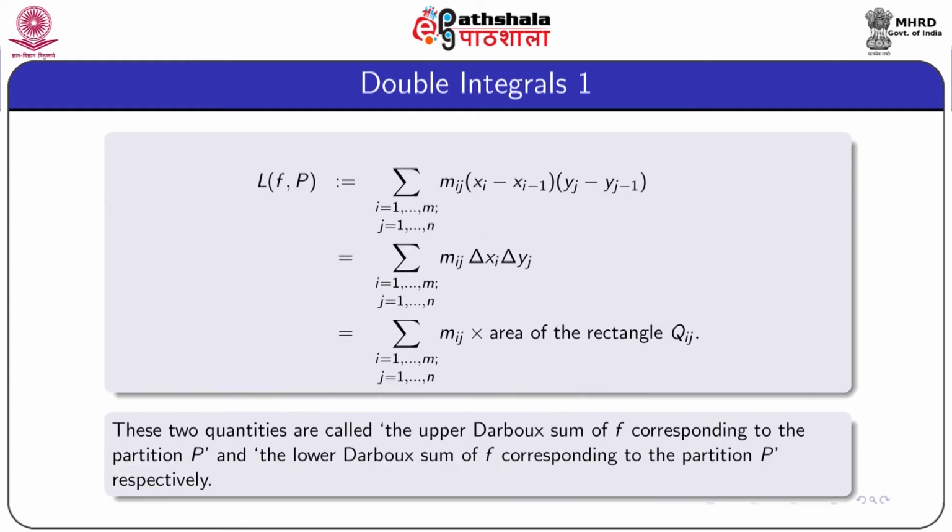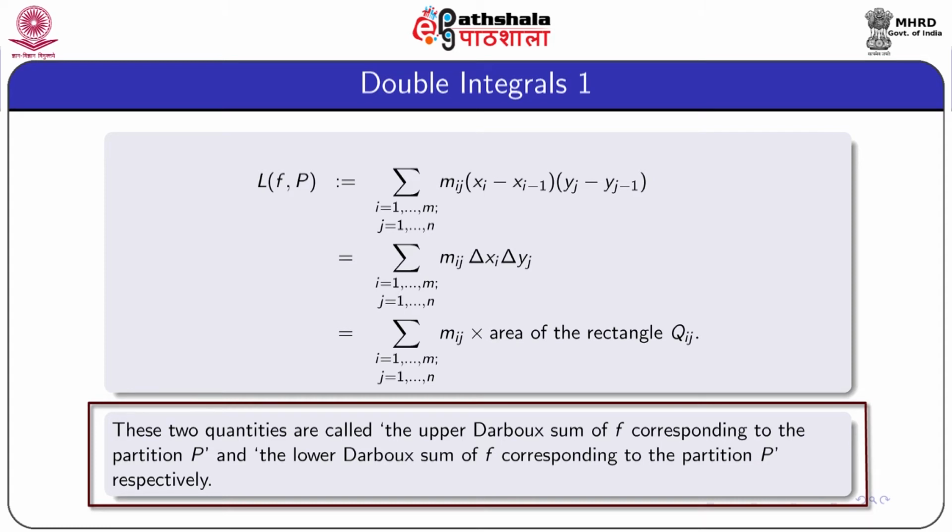In a similar tune, we form the lower sum L(f,P), which equals summation of small mij multiplied by area of the rectangle Qij. These two quantities are called the upper Darboux sum of f corresponding to the partition P and the lower Darboux sum of f corresponding to the partition P respectively.